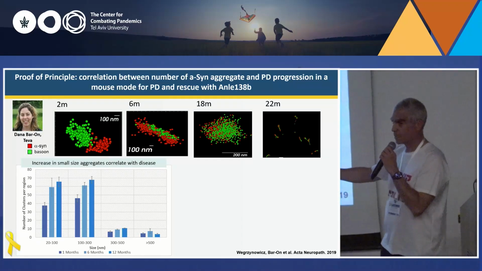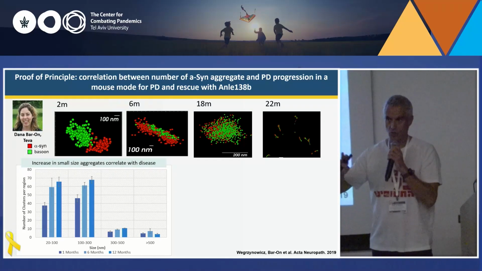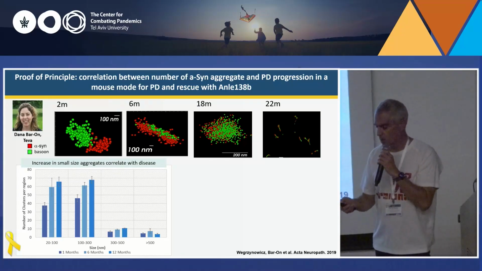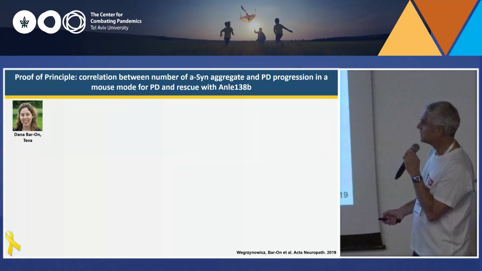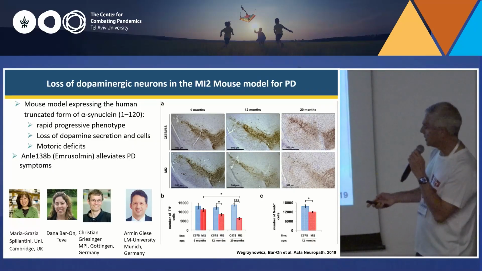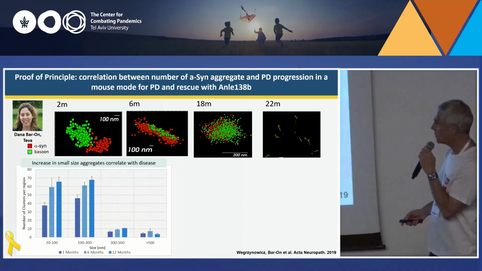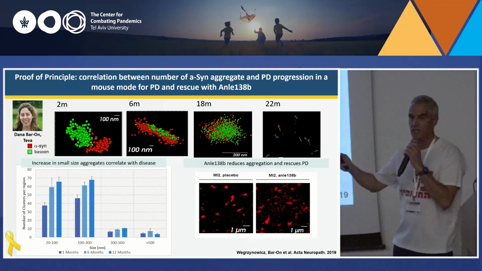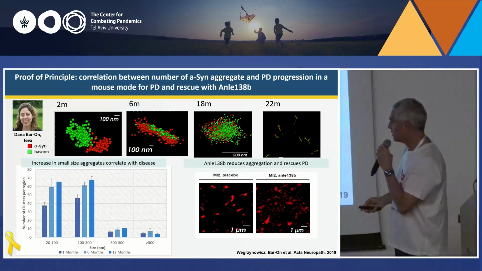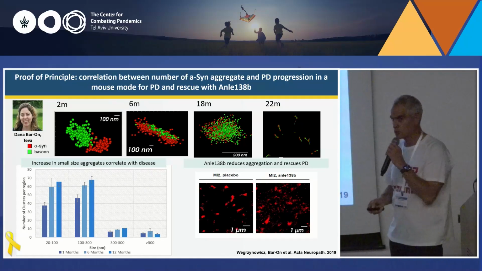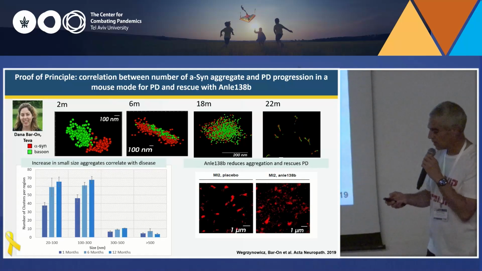So with that knowledge that there is a correlation, not more than that, between the aggregation and the disease progression, we also collaborated with Christian Griesinger and Armin Giese, who developed an inhibitor of alpha-synuclein aggregation. These mice were fed with the inhibitor, called ANLE 138b, which is at the moment also in clinical trial by MODAG and Teva.